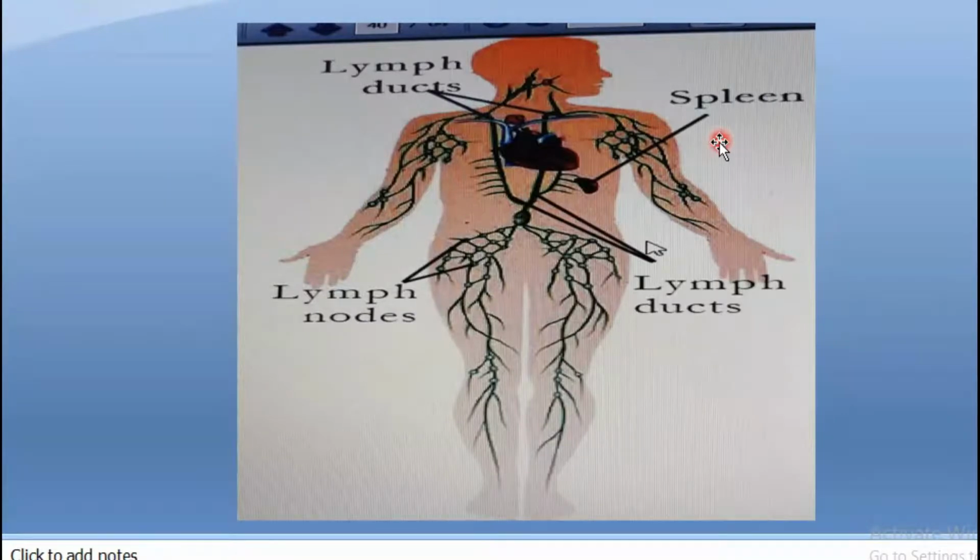Actually, the lymphocytes identify and destroy pathogenic bacteria and viruses that enter the body. The spleen is considered the military camp or armory of the body, because it is responsible for the immune system.